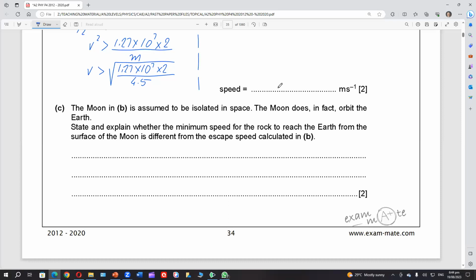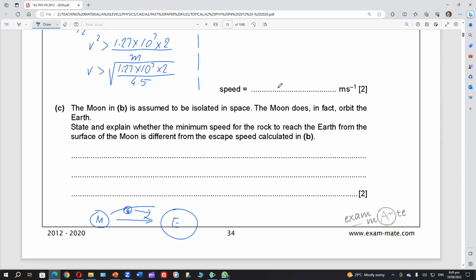Now it's not a case of infinity. Earth is a position now, and earth potential won't be zero. So when you throw the rock from the moon towards earth, earth is actually attracting moon, so earth will be attracting this rock also.